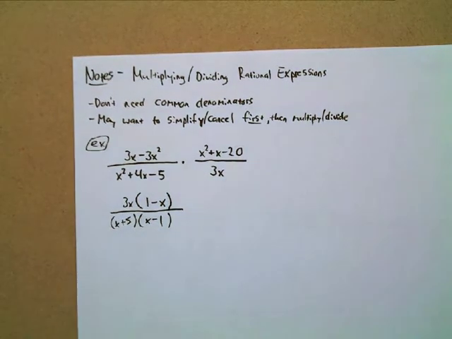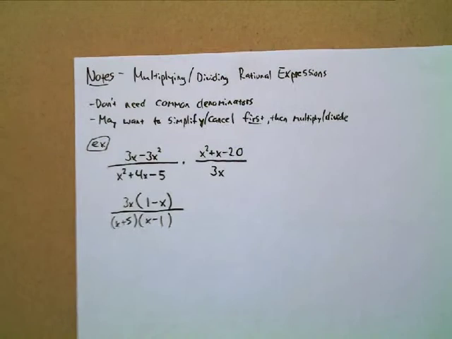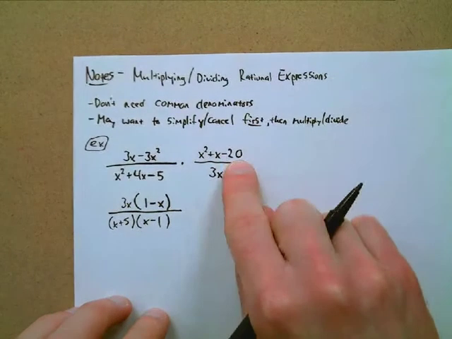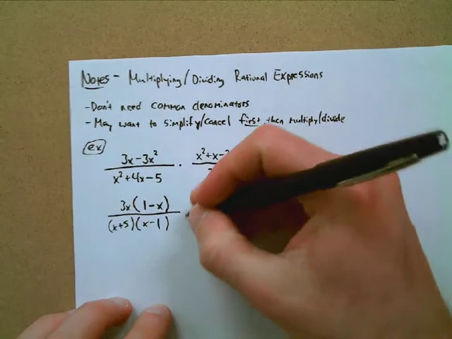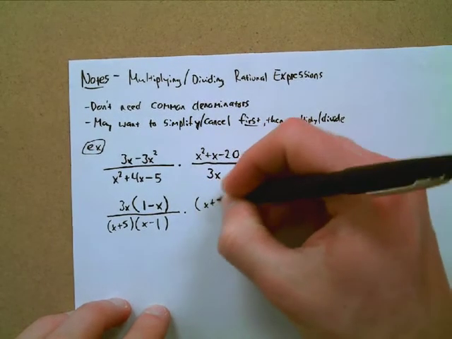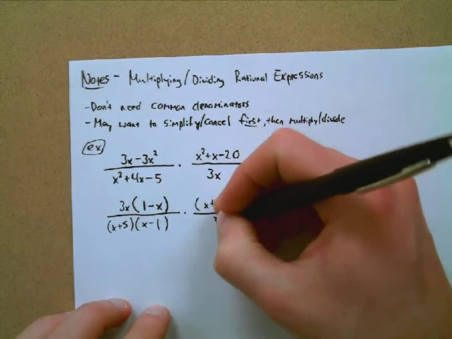Then, how about the next quadratic that we run across here? We're looking for two numbers that multiply to negative 20 but add to make positive 1. Yeah, positive 5, negative 4. All over then 3x.